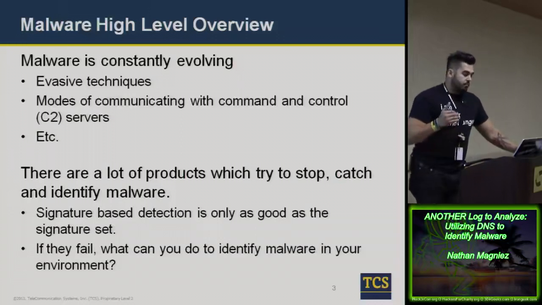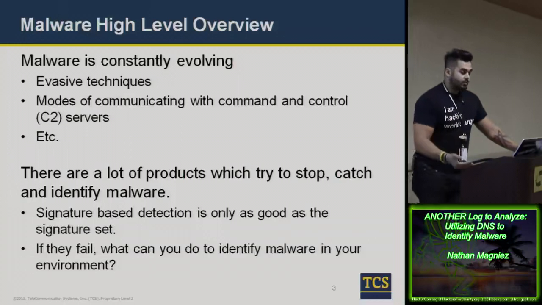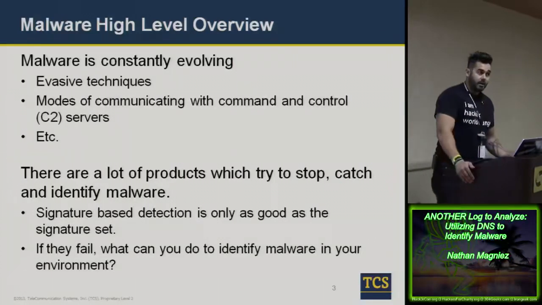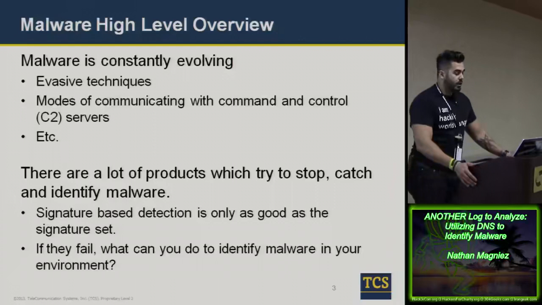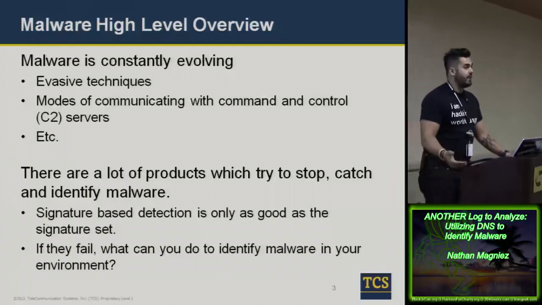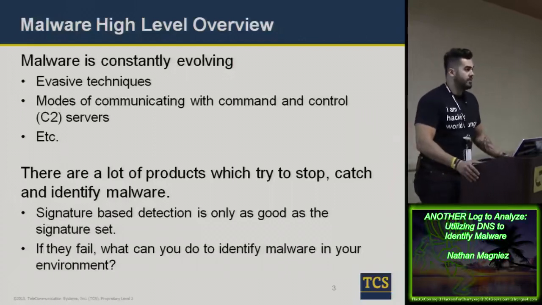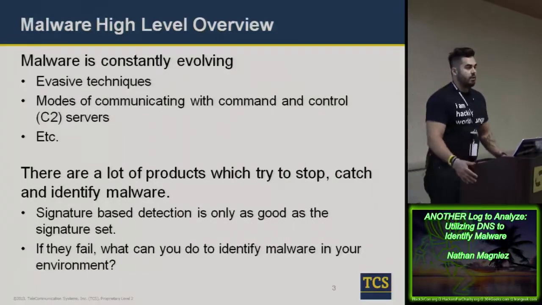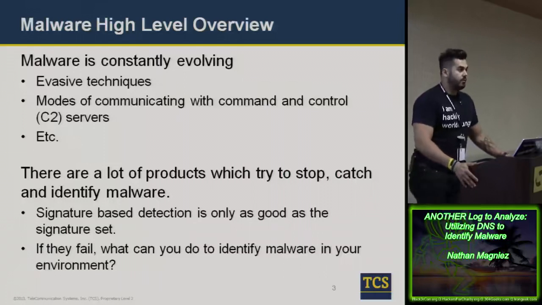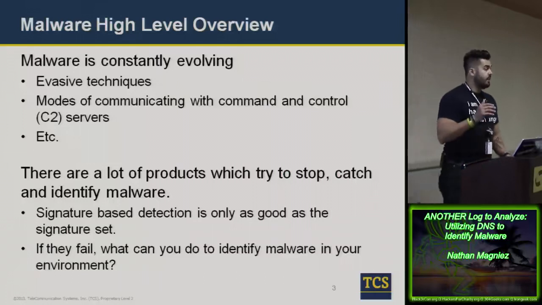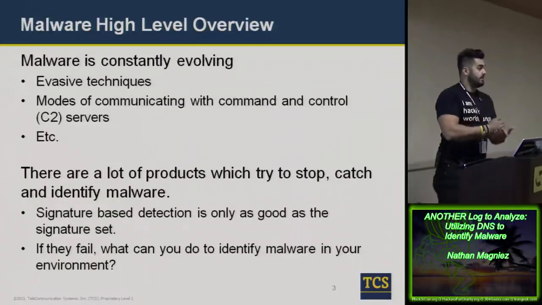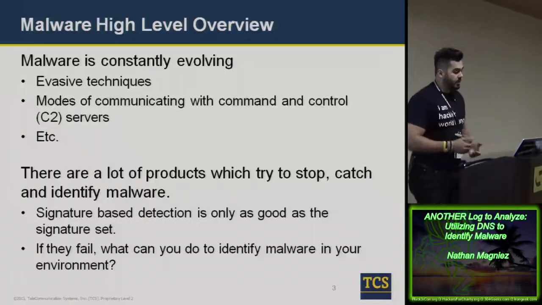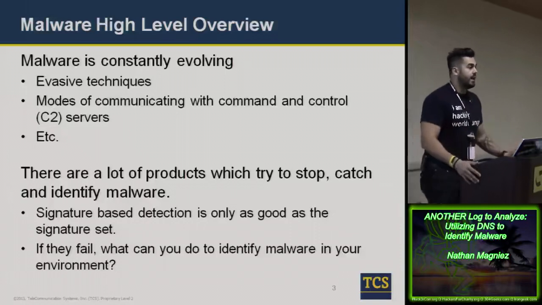A lot of products out there will try to stop them and identify the malware to make your life a little bit easier. However, signature-based detection, such as antivirus, is only catching about 3% of the stuff that's out there. So it's only catching the known bad, right? What we're going to talk about here is what we can do on our side from an analysis perspective to identify the stuff those expensive things are failing you on. So we're going to look at those logs and try to detect what those expensive tools are failing you with.